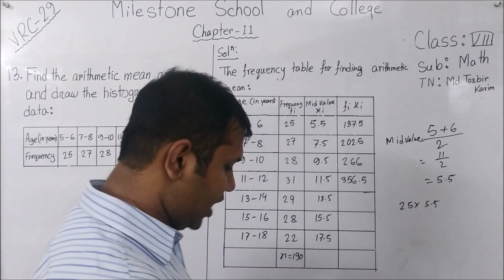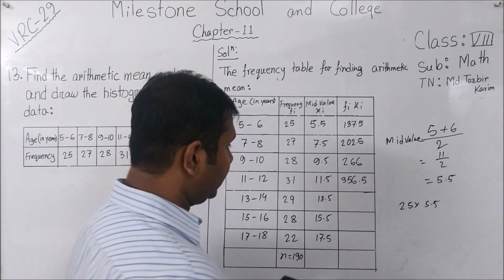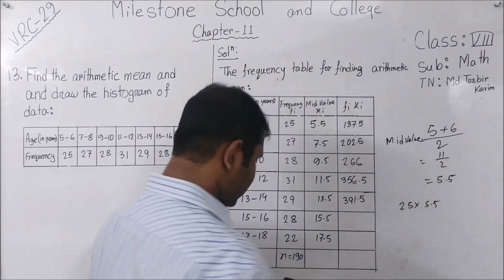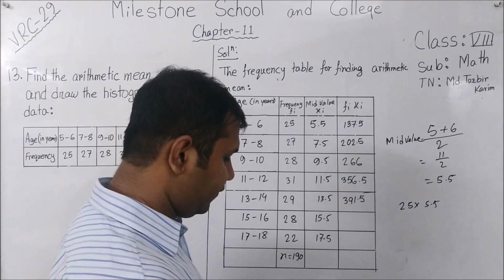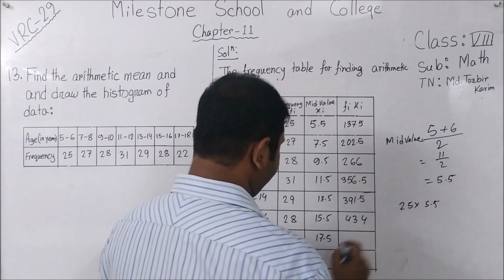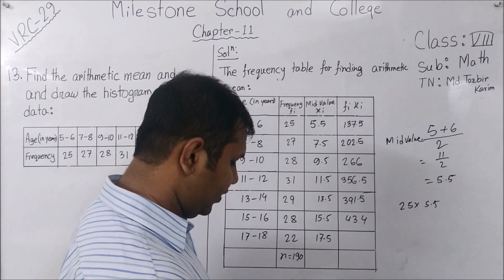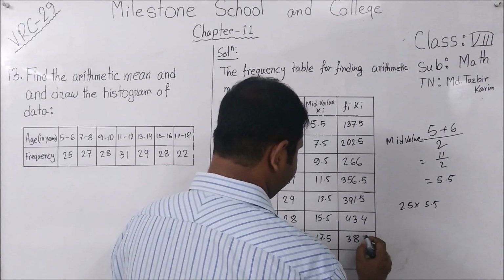Then 29 multiply 13.5, that is 391.5. Then 28 multiply 15.5, that is 434. And the last one, 22 multiply 17.5, that is 385.